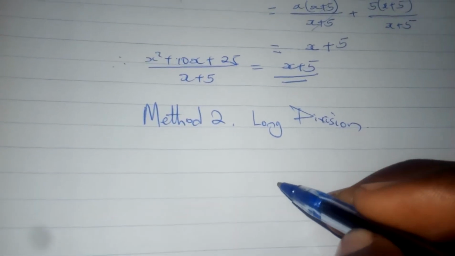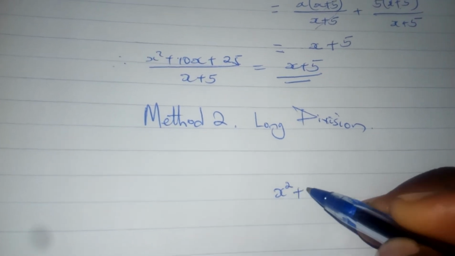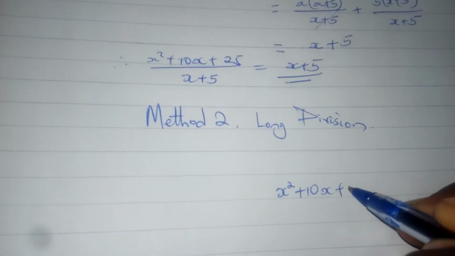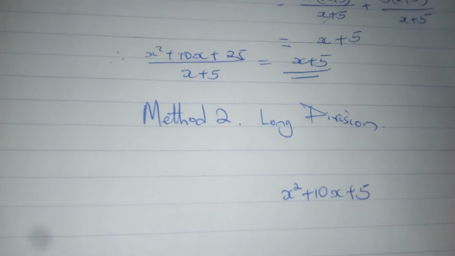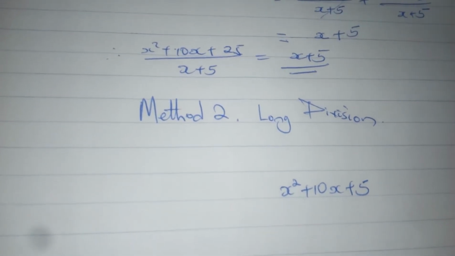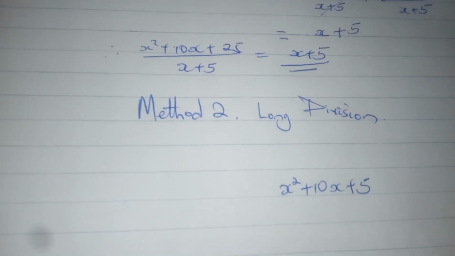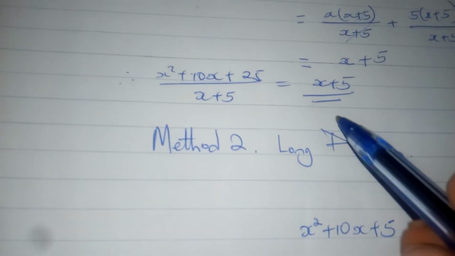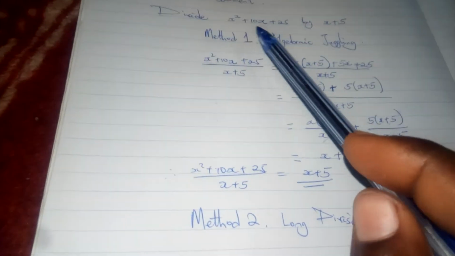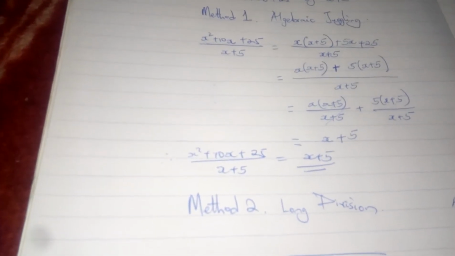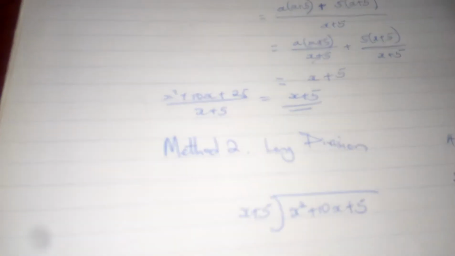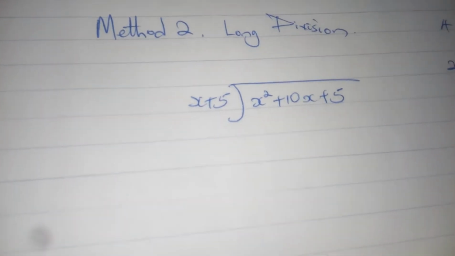As you remember, when you have 4 divided by 2, the 4 is under the division sign, then 2. So since we have that divided by that, this one will be inside the division sign, then you divide by x plus 5. Okay, so that's what we are going to have.